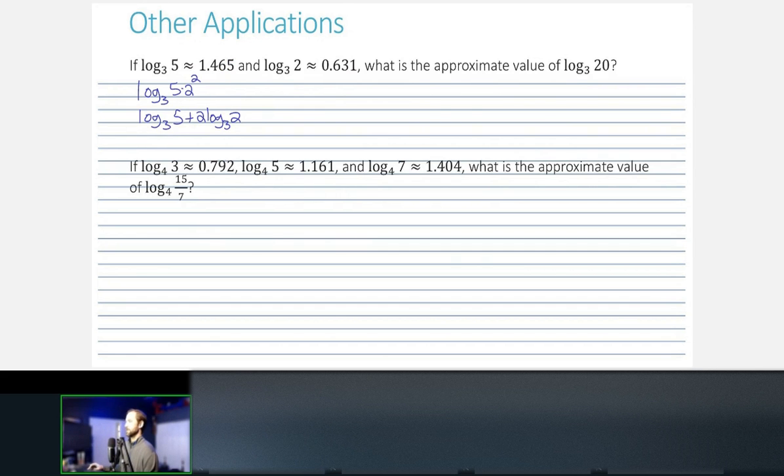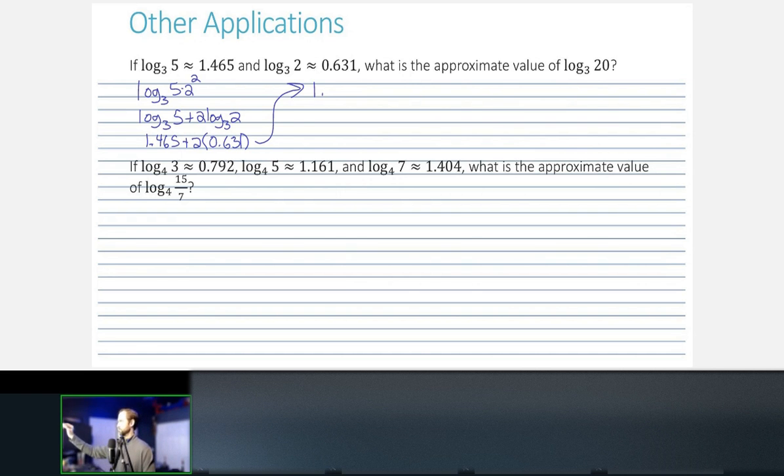So I'm going to write log base 3 of 5 is equal to 1.465 plus, this is 2 times log base 3 of 2, which we know it's given is 0.631. And then I'll just continue over here. Then we just do the math, right?